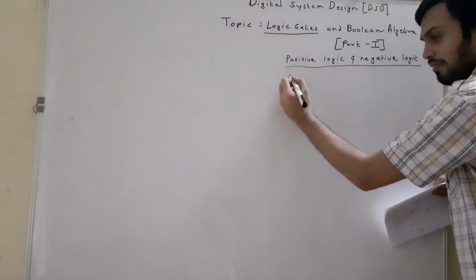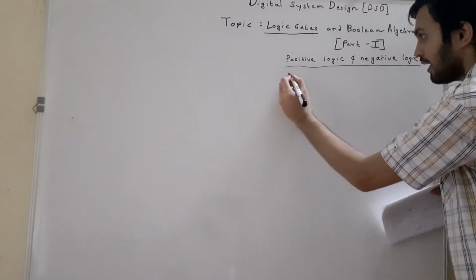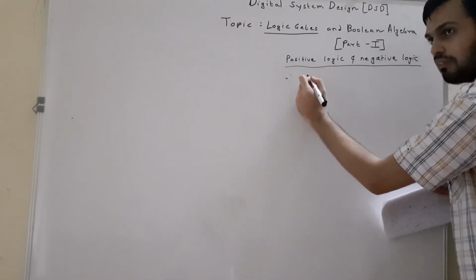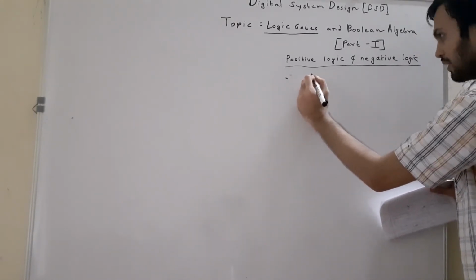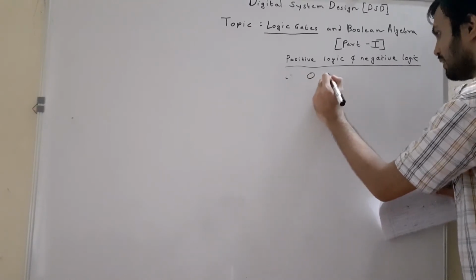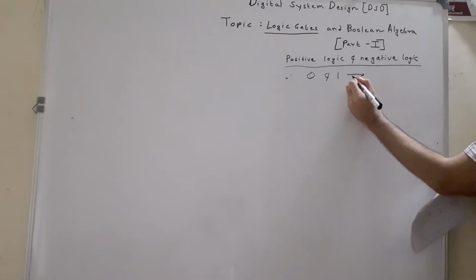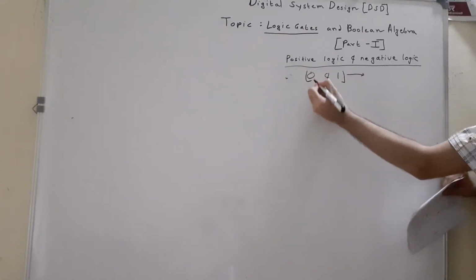We studied when we were studying number systems that digital devices use binary codes for transmission and reception. So 0s and 1s. 0s and 1s form the binary number system.